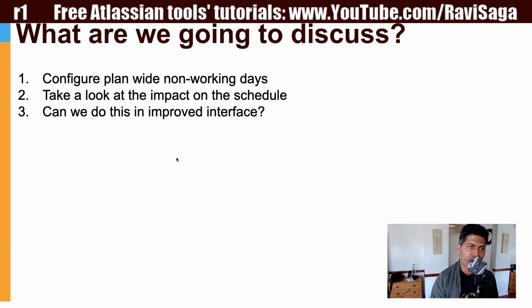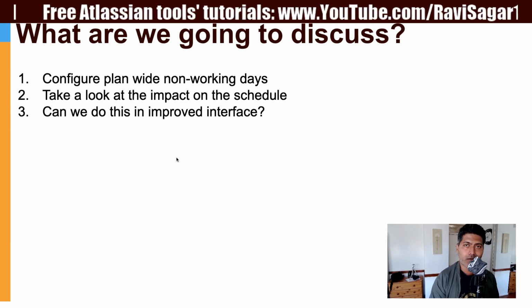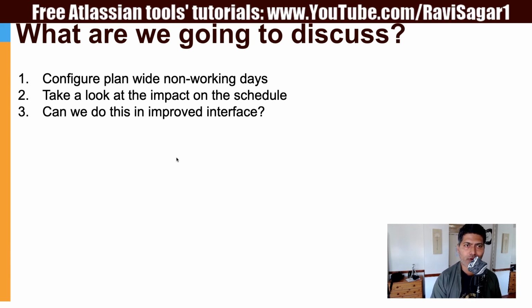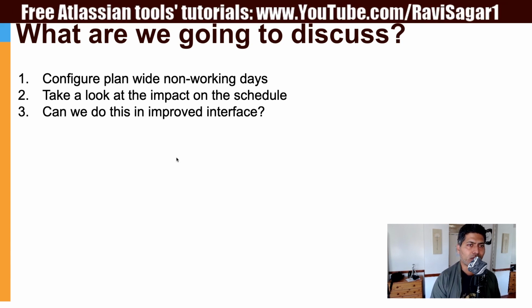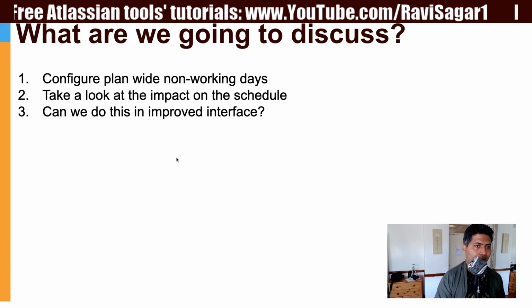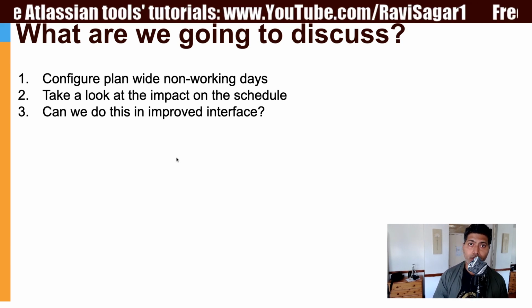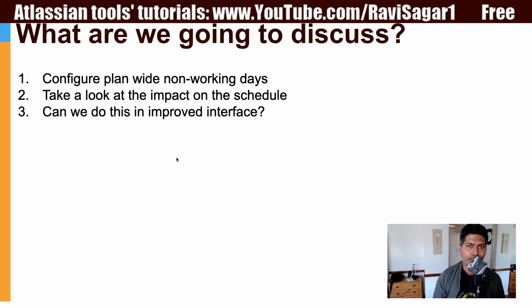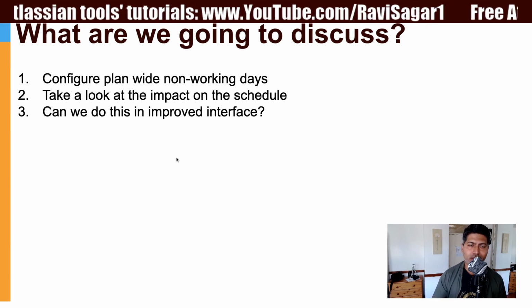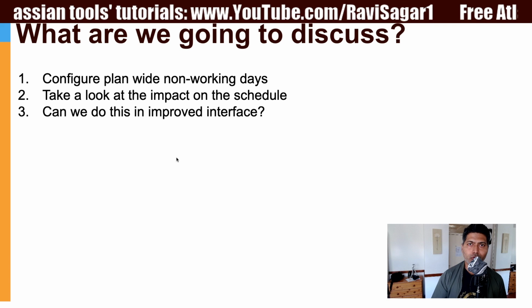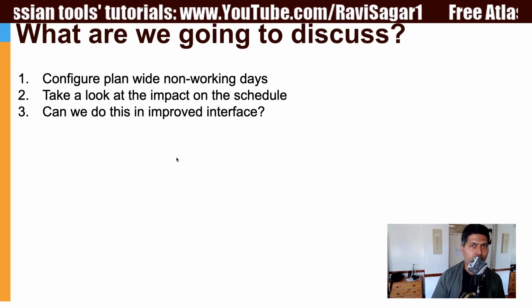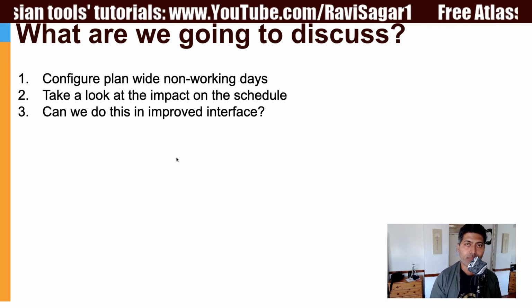The new improved interface will get, I hope, more features from Atlassian because it is a bit lightweight, but of course it has some advantages when it comes to planning the work and you have more control. But my job here is to give you both the options so you can choose which one works best for you.